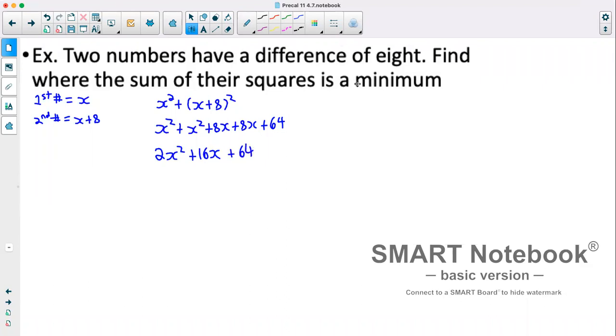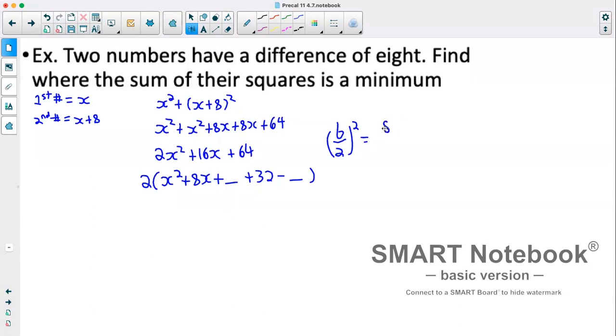This one, we also need to find a vertex. So I'll complete the square on this one to get the vertex. So first factor out the 2. So we've got x squared plus 8x plus a blank plus 32 minus a blank. In that blank is going our b divided by 2 and squared.